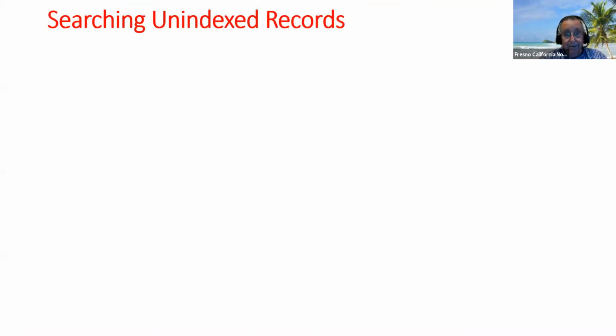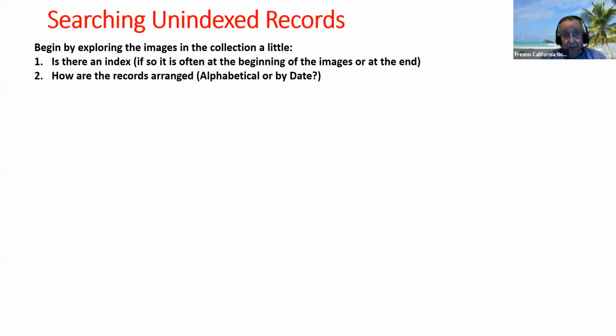So let's talk a little bit about finding records. Okay, you need to look at collections and think about them a little bit. And in general, here's something I would suggest. Most records are going to have some kind of an index often. If they have one, FamilySearch tries to set these at the front. If you don't see an index at the beginning of the images, quickly go to the very end and see if they're there.